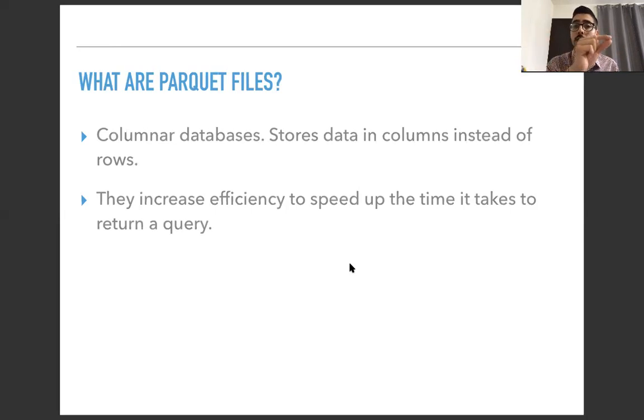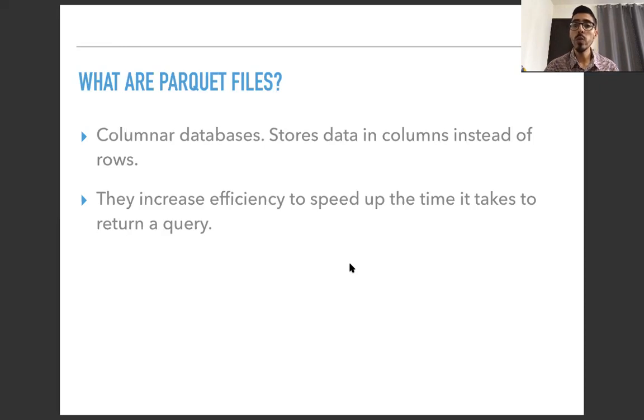It writes all the data associated with the first row, then the second row, then the third row, etc. But here, the way we're going to write this table back to the S3, we're going to write all the data that belongs to the first column of the table, then all the data that belongs to the second column, all the data that belongs to the third column, and so on and so forth. Now we do this because these columnar databases increase efficiency to speed up the time it takes to return a query.